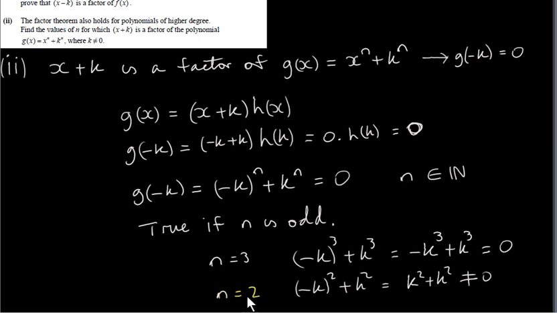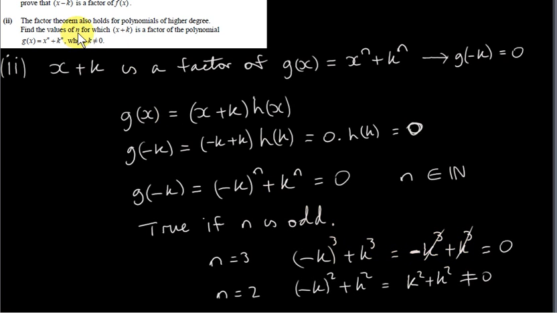On the other hand, if n is an even natural number, say n is 2, you see what we get here. We've minus k all squared is actually plus k squared. So when we take a negative number and raise it to an even integer, we get a positive quantity. Whereas if we take a negative number and raise it to an odd integer, we get this minus sign, and that leads to cancellation.